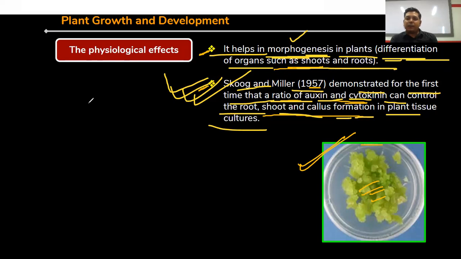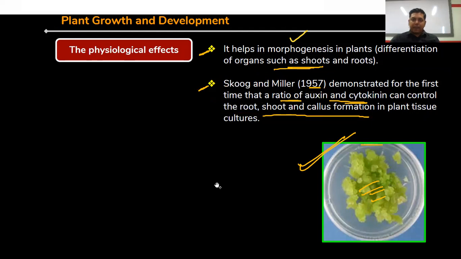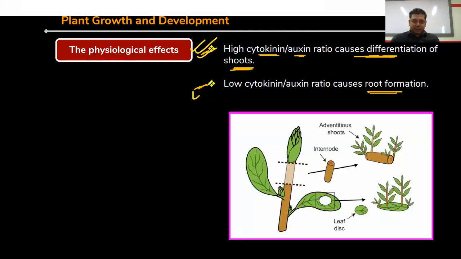How? Because auxin is mainly involved in root elongation, and cytokinin is mainly involved in shoot elongation. Clear? This is important for your exam.